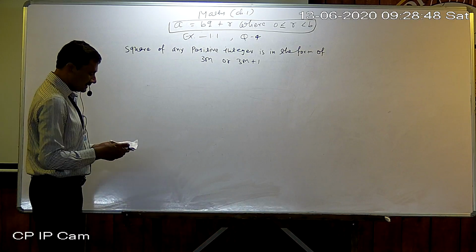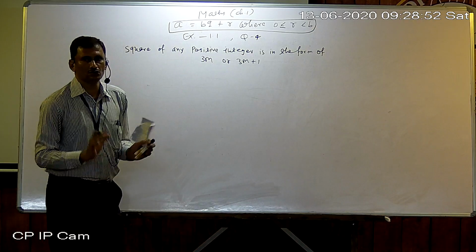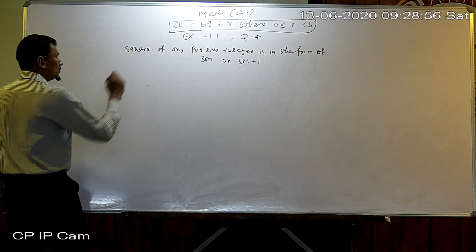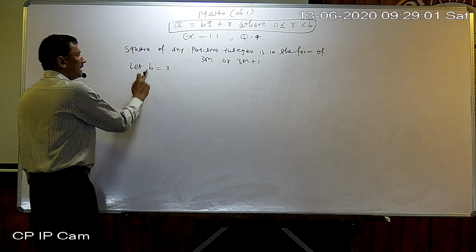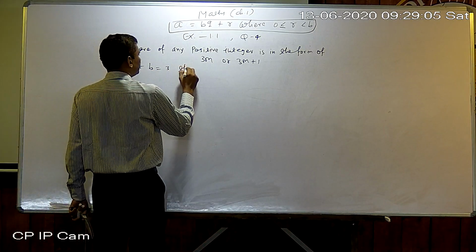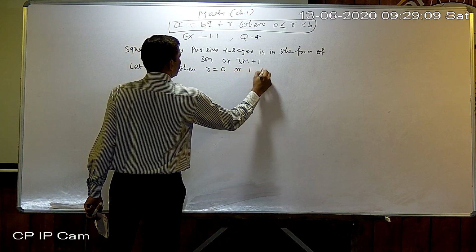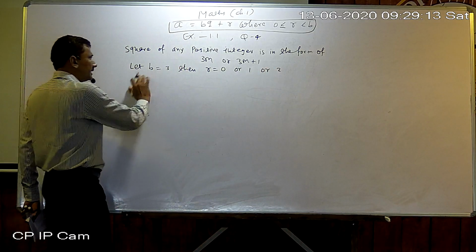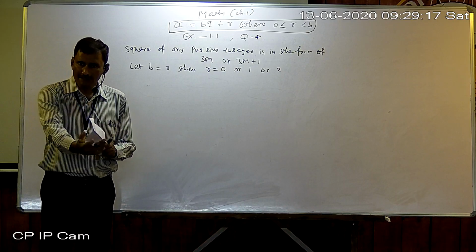Now they have given us a hint also. Suppose the expression is 3q plus 1 or 3q plus 2, where b is, sorry, let b equal 3. Actually that is given in the hint. Therefore, r can be 0 or 1 or 2. They have given the expression directly to us, but we go the systematic way.